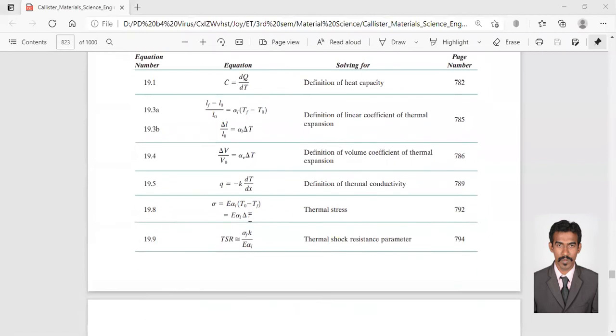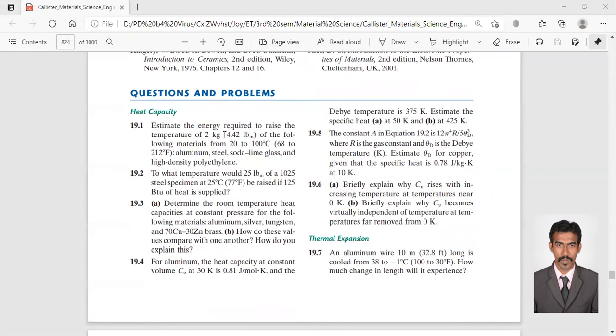That's all the equations. Now, energy required to raise the temperature of 2 kilogram, so that mass is given, of the following materials from 20 degrees Celsius to 100 degrees Celsius. Fahrenheit is also given. Aluminium, steel, soda lime glass, and high density polyethylene. So mass is given, and the temperature change, delta T, is given.